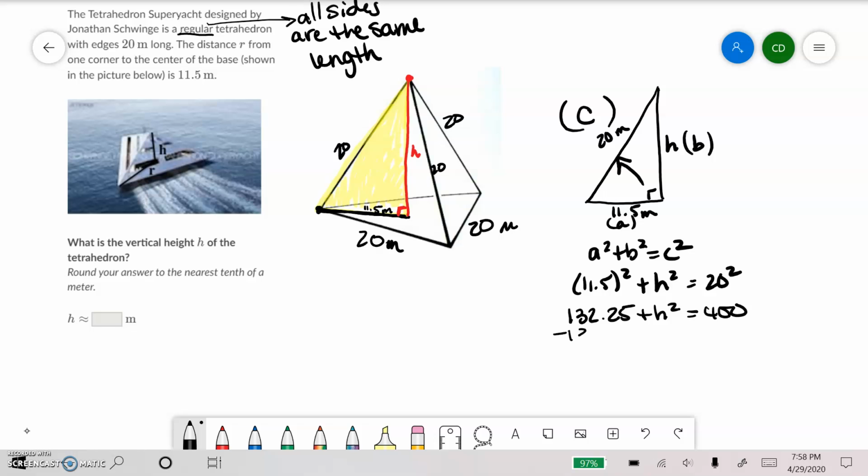All right, so we're going to get rid of that 132.25, and we've got 267.75. And then to get rid of squaring, we're going to square root both sides.